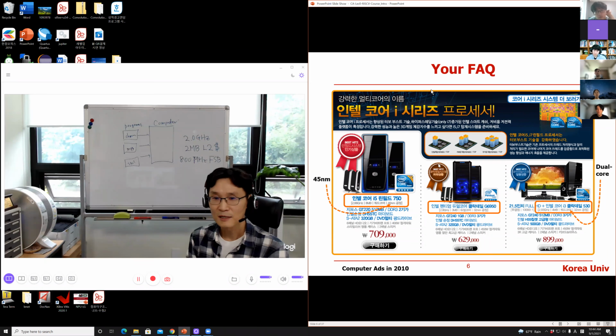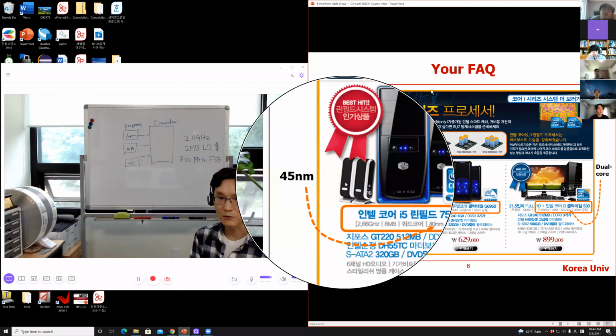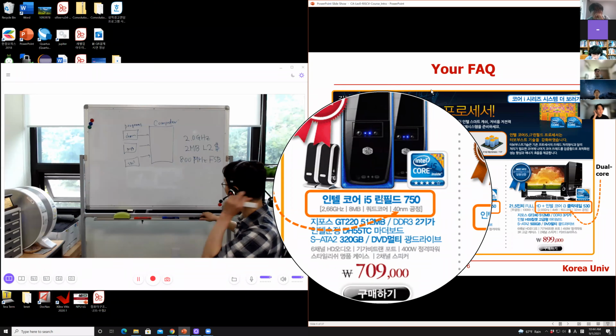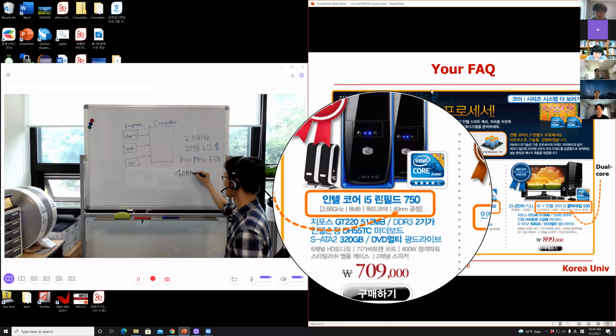So look at this computer advertisement. It says some advanced terminology like this. It says this CPU is built with 40 nanometer 공정 technology.